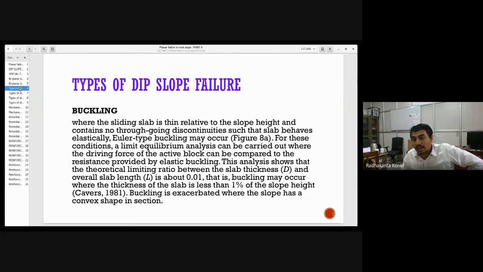Here we can utilize the limit equilibrium concept that we developed in the first part on the planar mode of failure, and based on that calculate the force developed and the factor of safety.